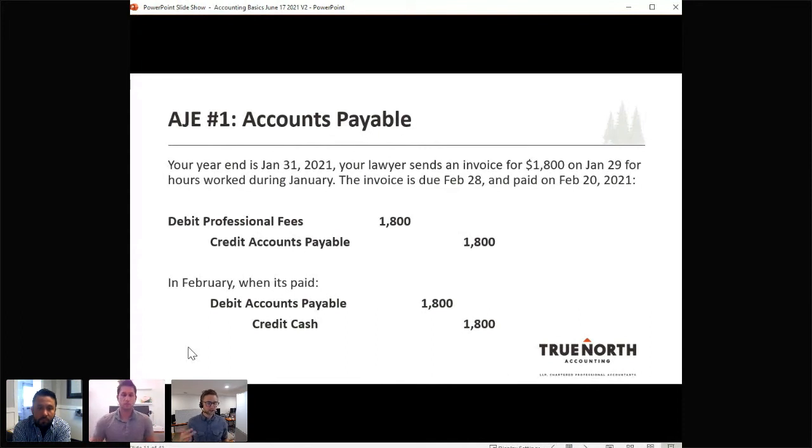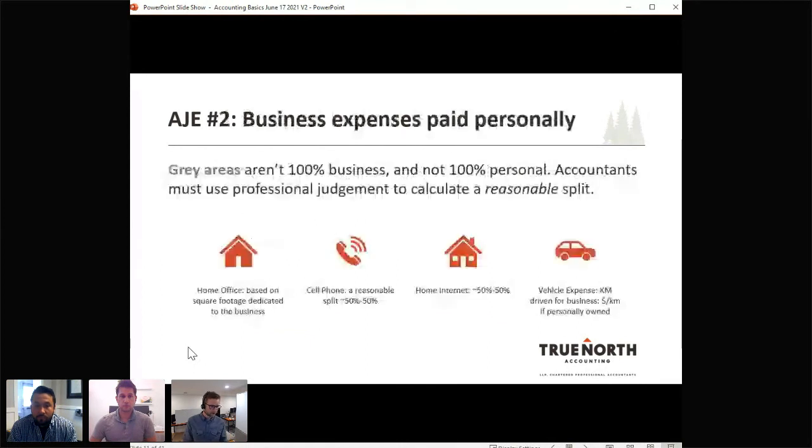And so we'll see how that adjustment looks on the trial balance after we go through a few of these examples. But in this one, on February 28th, you pay it, then you reverse the accounts payable entry, and your cash is decreased. So you pay it, cash goes down $1,800, and you can clear out that accounts payable liability on your balance sheet.